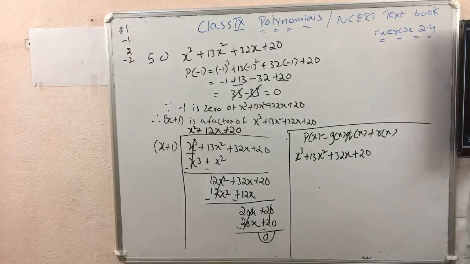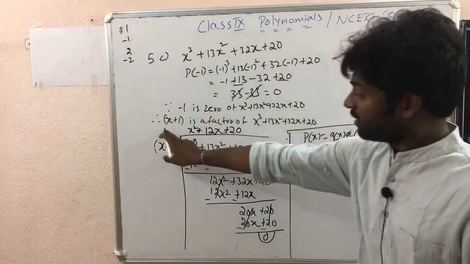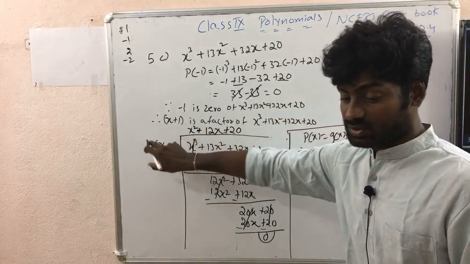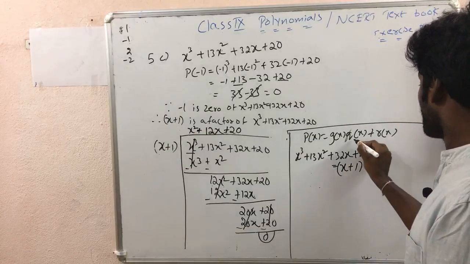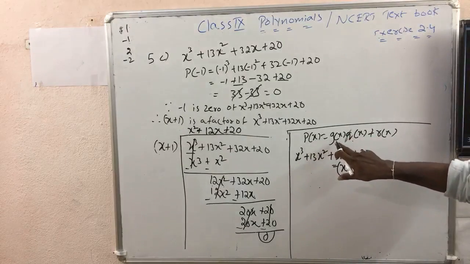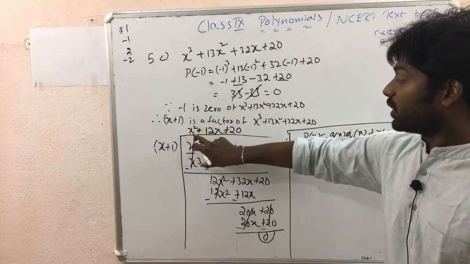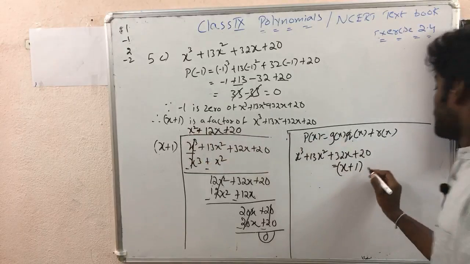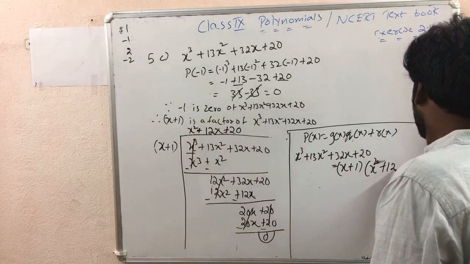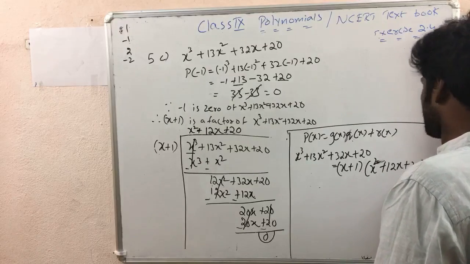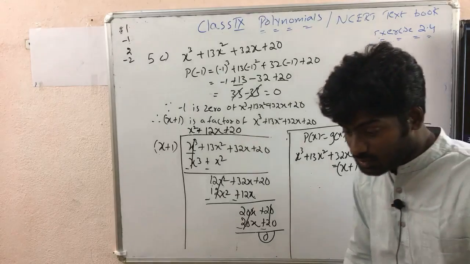That equals g of x, with which we have divided. It is nothing but x plus 1, that is the divisor, x plus 1 into q of x, the quotient. What is the quotient? x square plus 12x plus 20, plus remainder. Is there any remainder? Yes, 0. Nothing to write because it is 0.